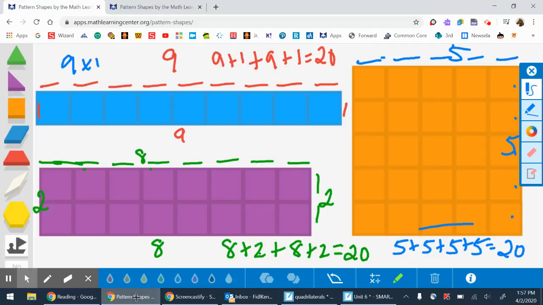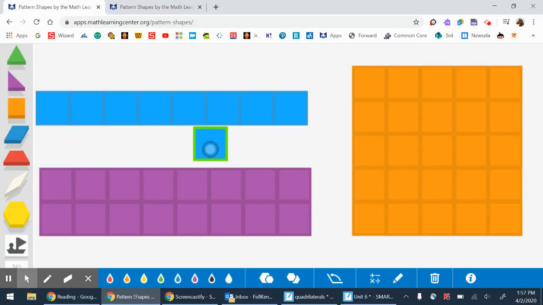It's almost like with this one, if I were to move this down here and create a second row, that's turning into the purple one. So the area would definitely have to change because I would have to add more blue tiles to fill in that rectangle, but the outside border wouldn't change very much.